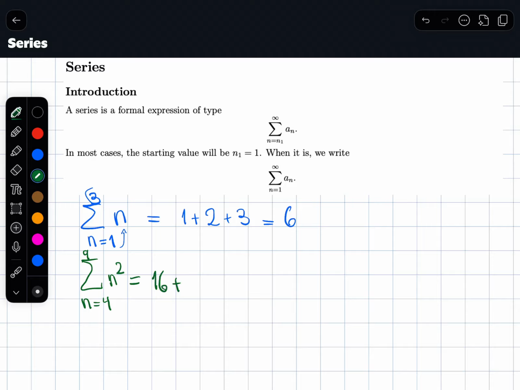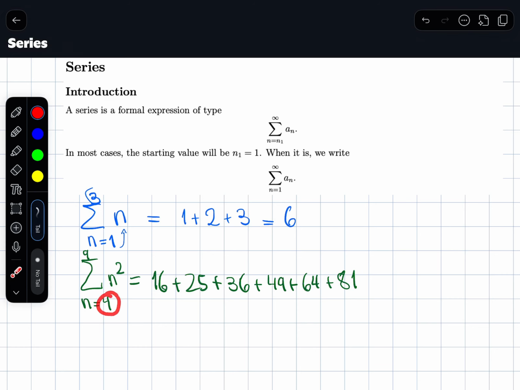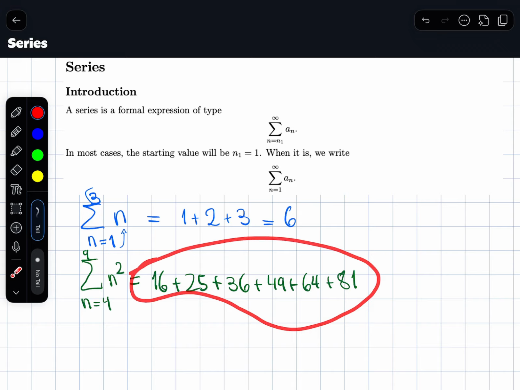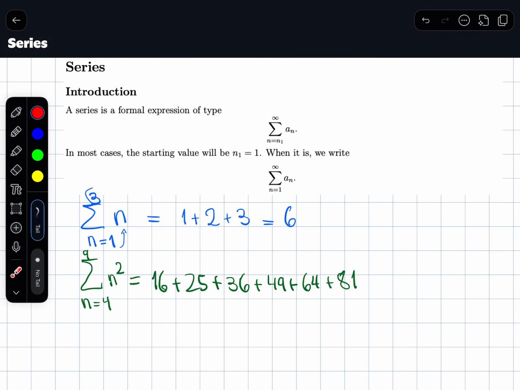Take 5, which is the number after 4, plug it in, that's 25. Take 6, plug it in, take 7, plug it in, take 8, plug it in, take 9, plug it in. So I'm taking each number from 4 through 9, plugging it into n squared, and then adding all of those numbers. You can figure out what this adds up to.